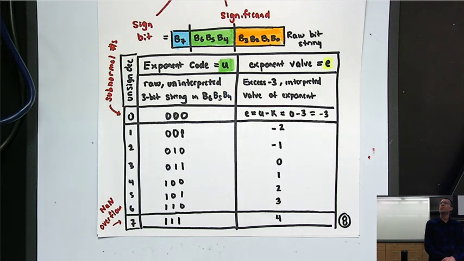Yeah, I think the reason that they did bias notation has to do with the following. When we actually do addition and subtraction, if you add two numbers whose exponent values are different, they'll increment the exponent number until the two exponents are the same, right?